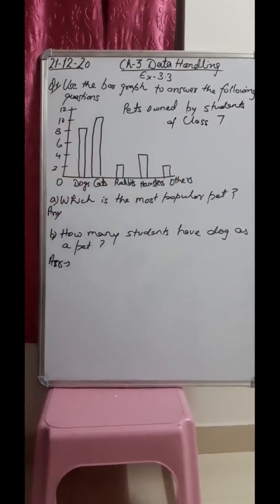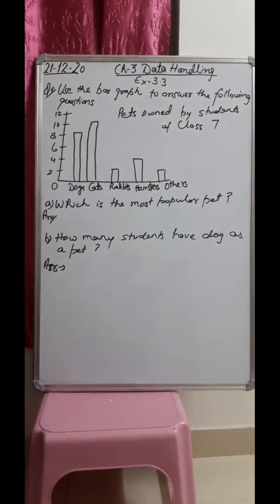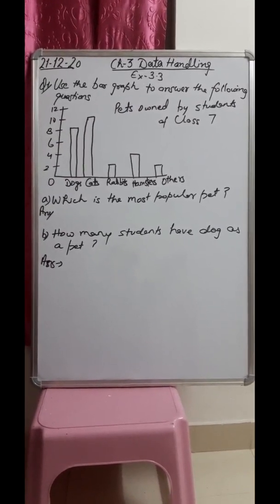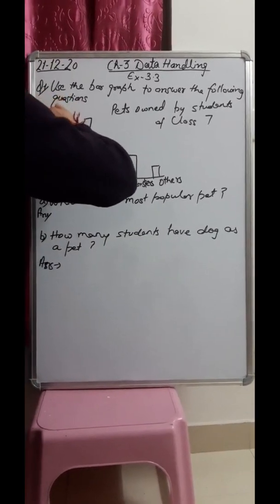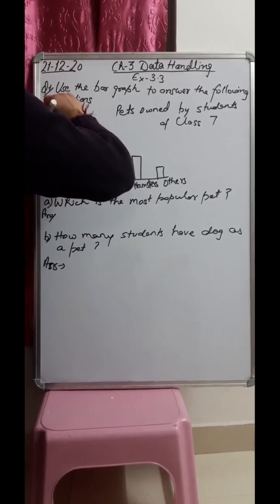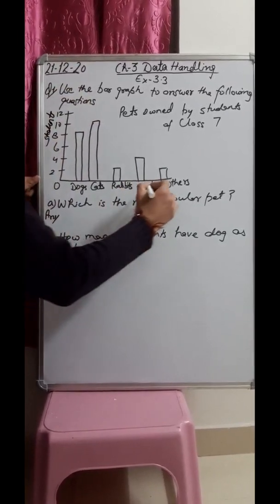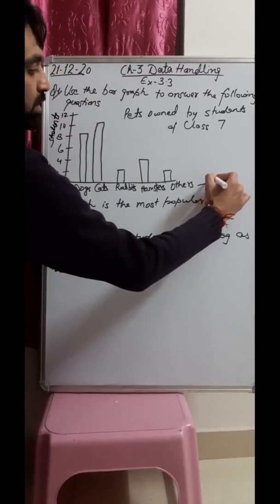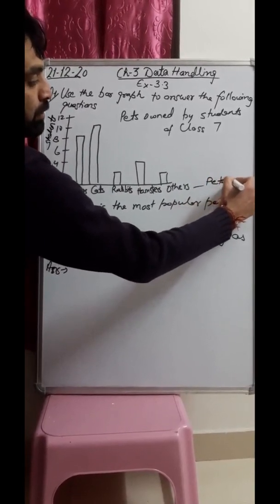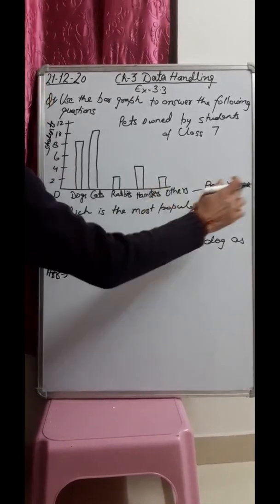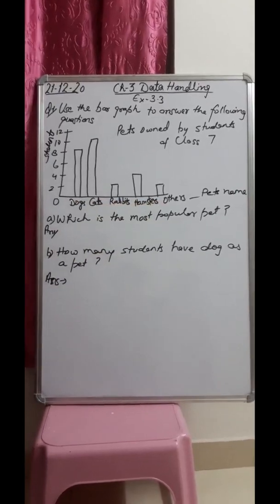So this is the bar graph that is showing us the pets owned by the students of class 7, and on this axis we have been given the number of students. On this axis we have been given the pets name, that is dogs, cat, rabbit, hamsters and others.